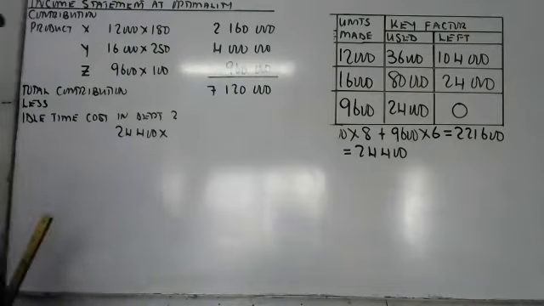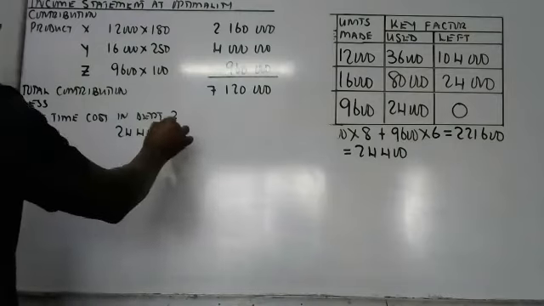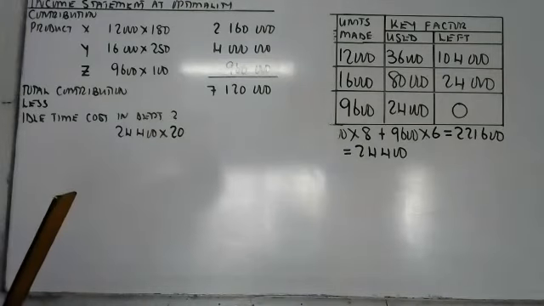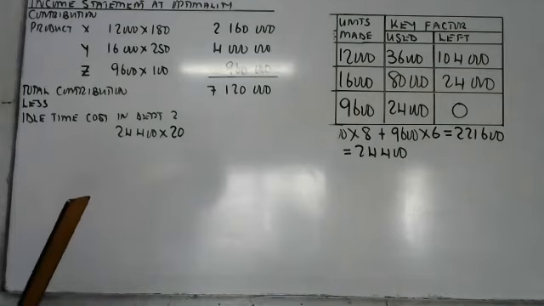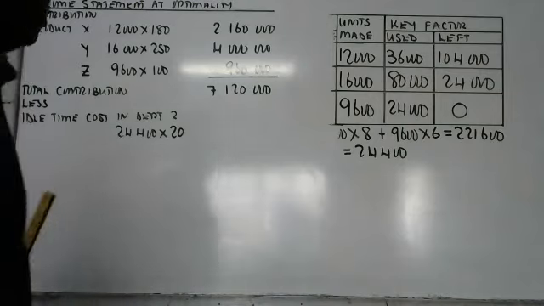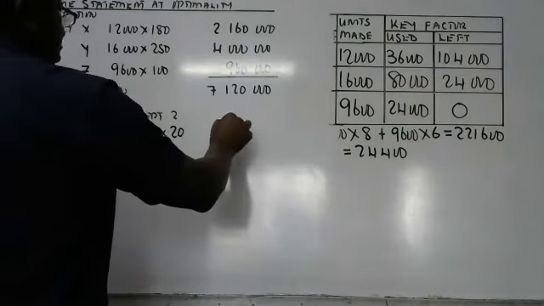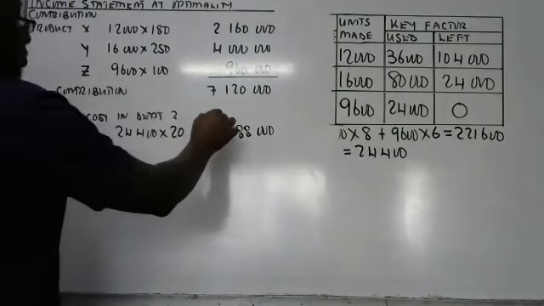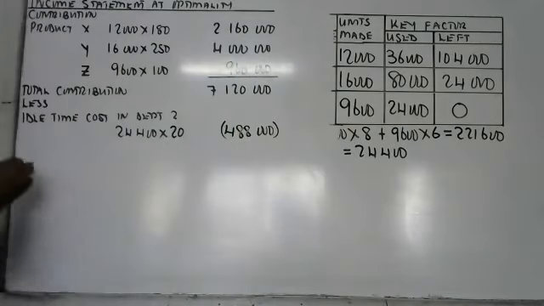Normal rate in department 2 is 20 shillings. So ukasema 24,400 times 20 is 488,000. So we are subtracting that.